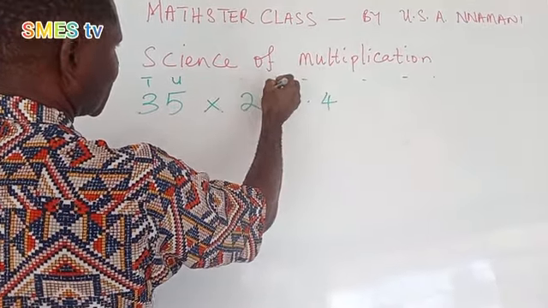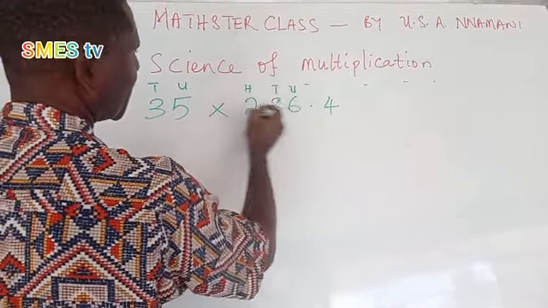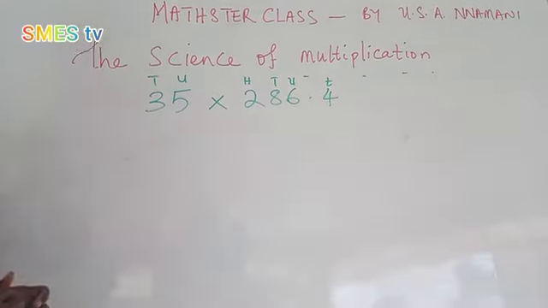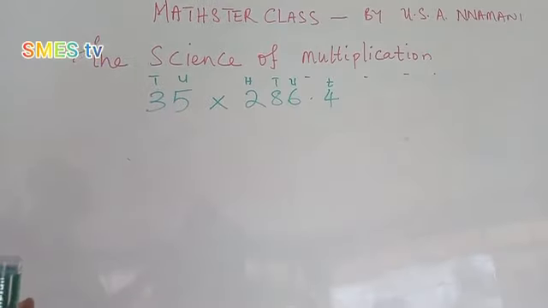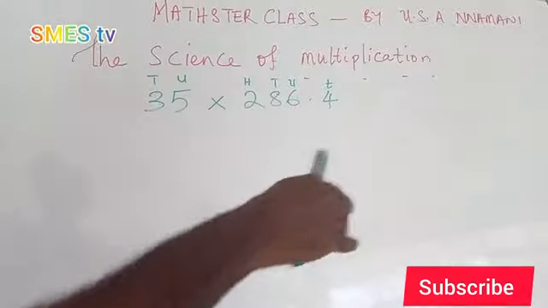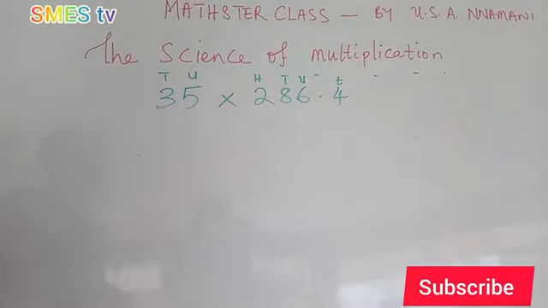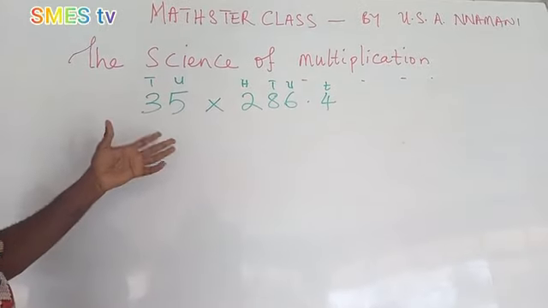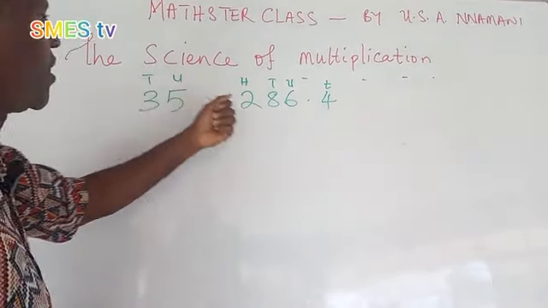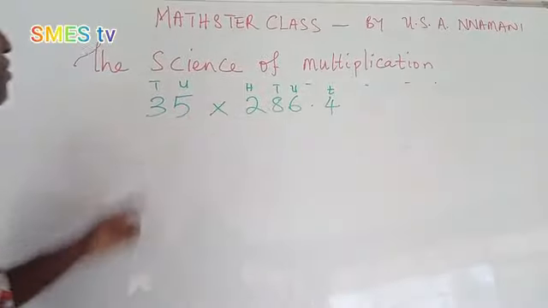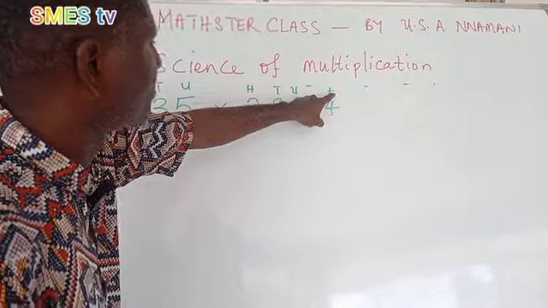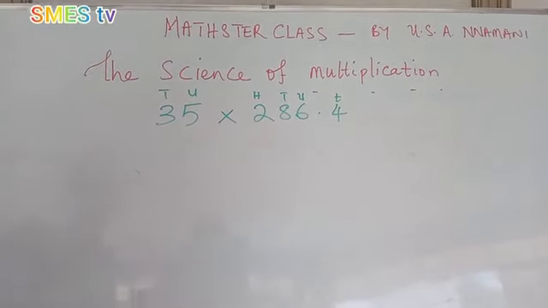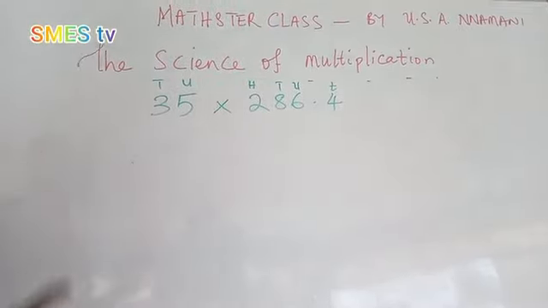Unit, 10, 100, and this is 10th. So the least place value would be obtained by multiplying the least place values, unit and tenth. Unit times tenth would give us tenth.